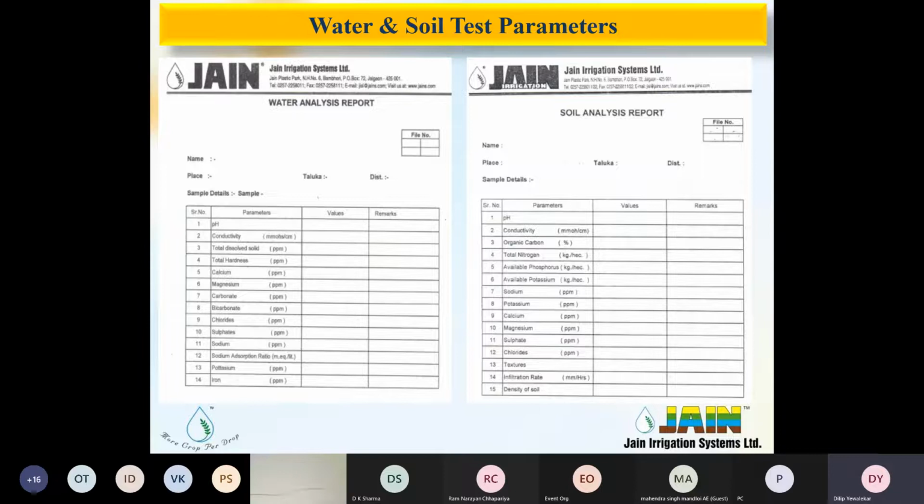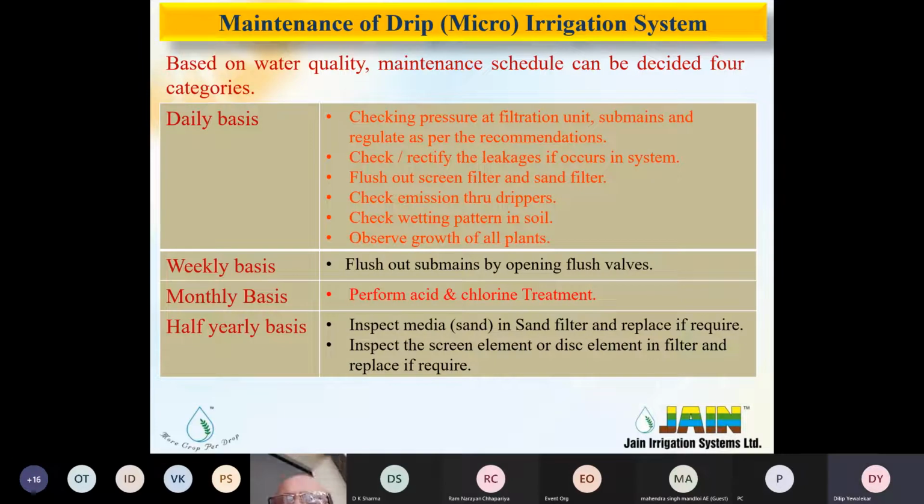These are the elements we need to test. If there is any shortage or deficiency in these elements, then that can be provided by applying supplement fertilizer. Under drip irrigation system, only water soluble fertilizers are recommended. You cannot apply the conventional type of fertilizer through the drip system.